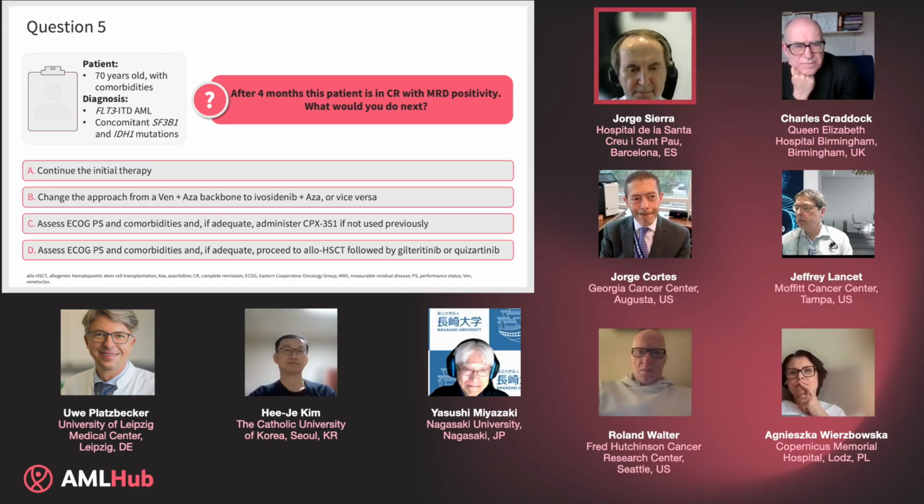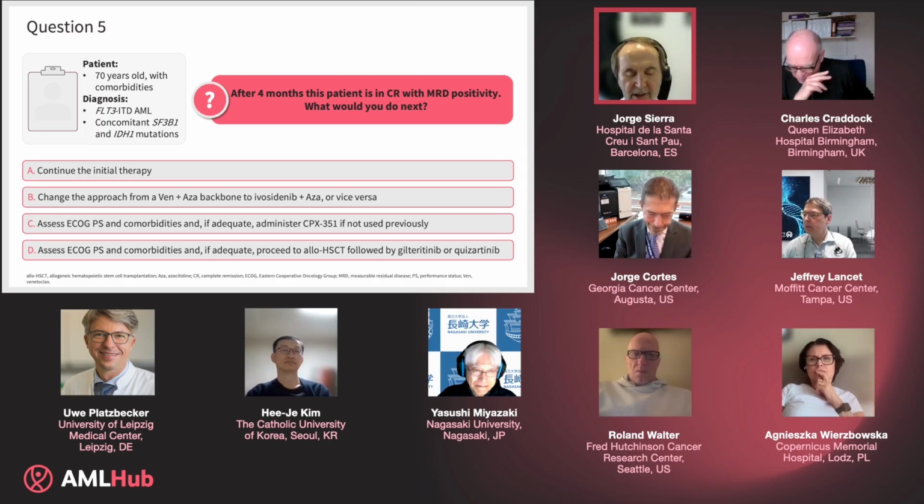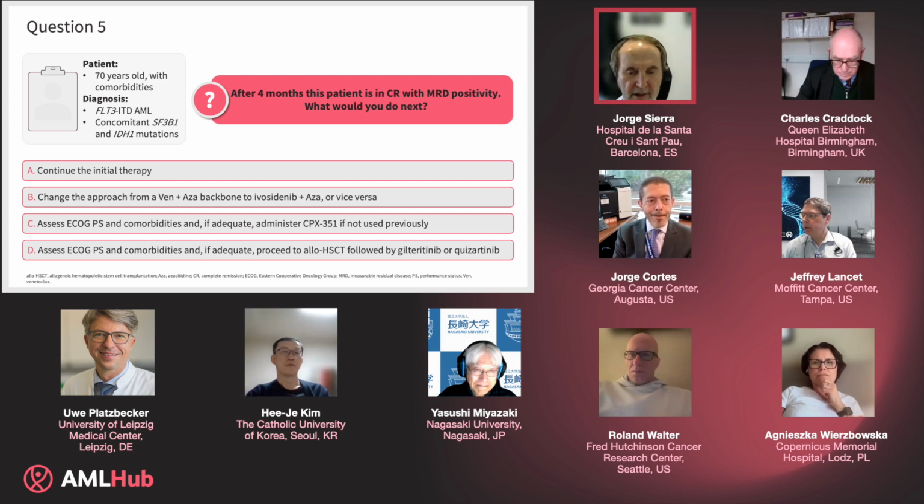Well, the benefit in terms of survival seems comparable. So basically, I would take a decision based on the potential toxicities of each of the two inhibitors. So this would be basically the decision.